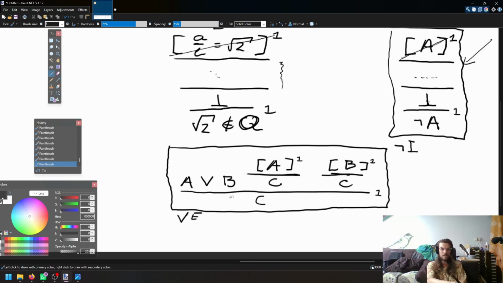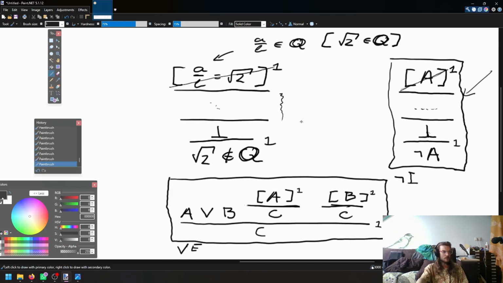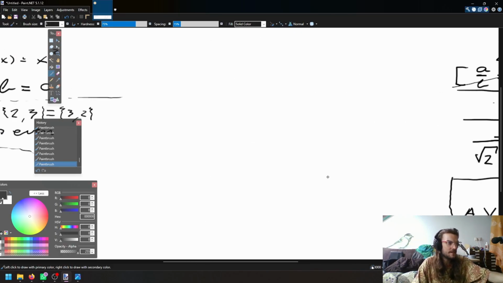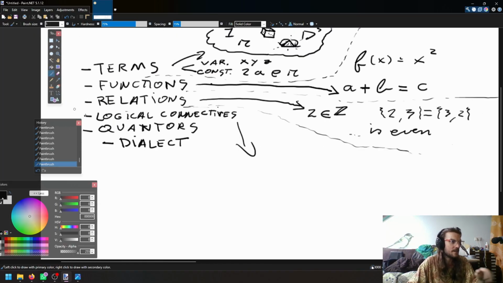Okay. And every logical connective and every quantifier has their own rule for elimination and their own rule for introduction. So those are proof trees. I'm still talking about logical connectives here, but I did a little aside about proofs. That was a bit big, probably.